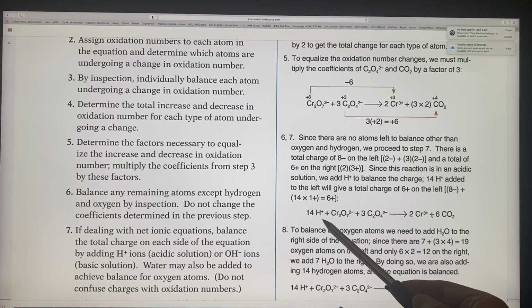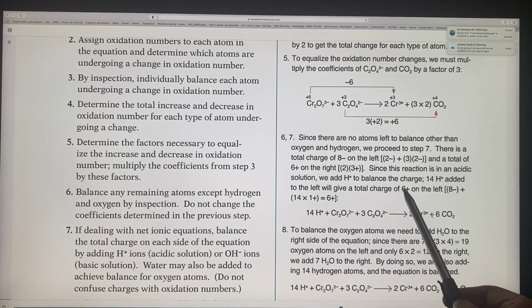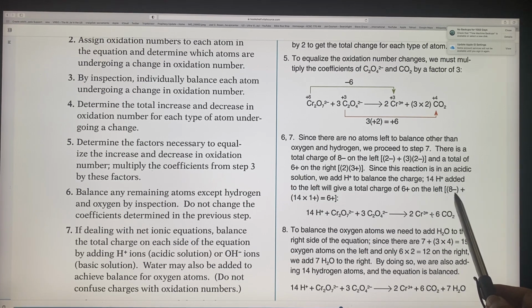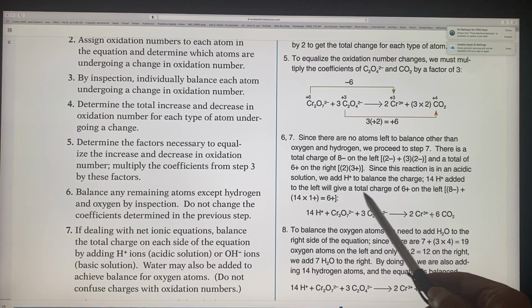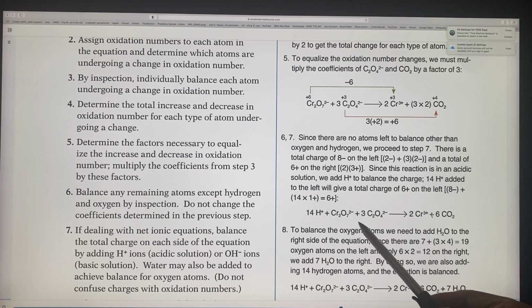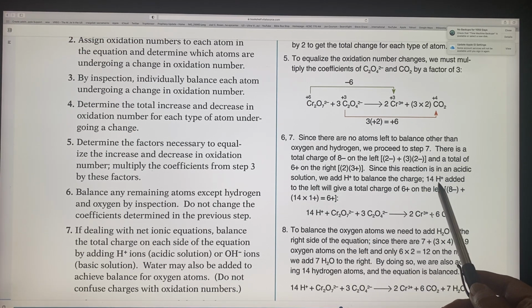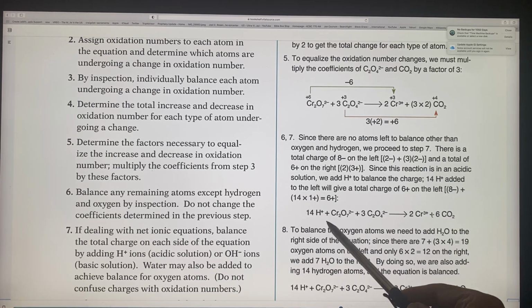See how they add hydrogen, because here we have basically 6 and 8. What's the difference between 6 and -8? If you put them together, you're going to get 14. So we added 14 hydrogen here to balance the charge out.